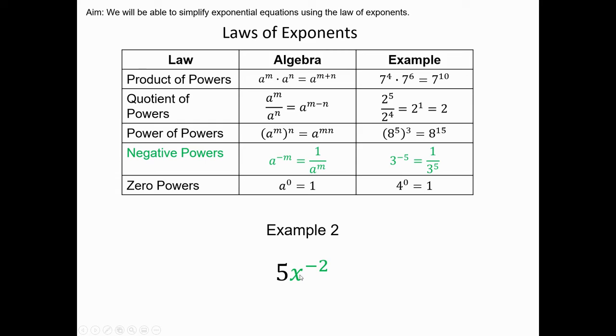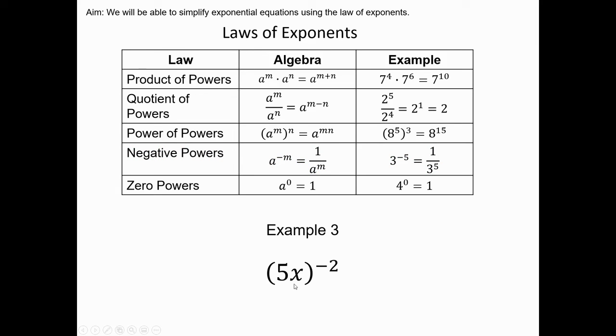Because it's a negative exponent, it's going to take x and put it on the bottom. Notice how 5 stays on the top. This negative exponent dragged the x to the bottom, but because 5 didn't have a negative exponent, it stays at the top. Now there's nothing else that we can do. There are no more negative exponents. We can't simplify these two. We're done.